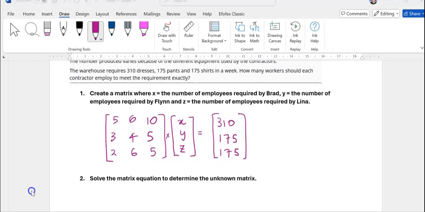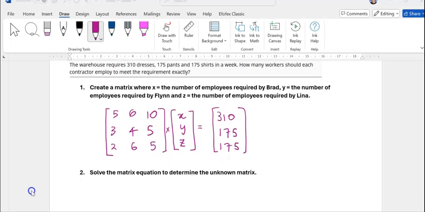And you can see here I have made a column matrix with X, Y and Z in it. So it's an unknown matrix at this point. The matrix that the question gave is listed there, and the answer matrix is given there also.